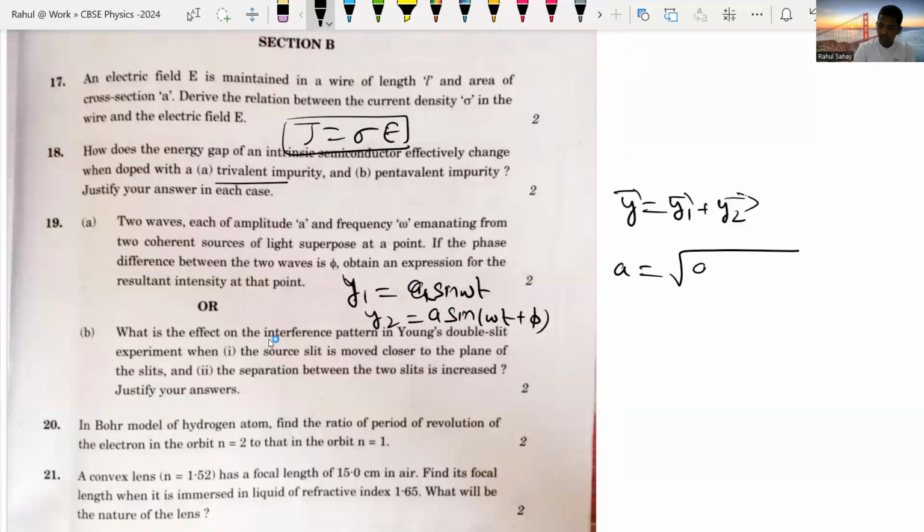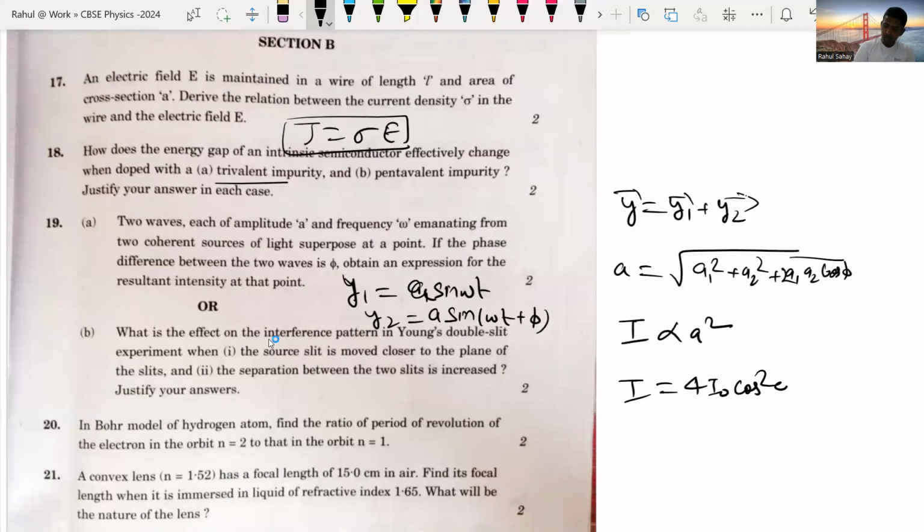Root of a1 square plus a2 square plus 2 a1 a2 cos phi, right? And since both are equal, intensity is equal to the square of amplitude. And finally, you can get I is equal to 4 I naught cos square phi by 2.